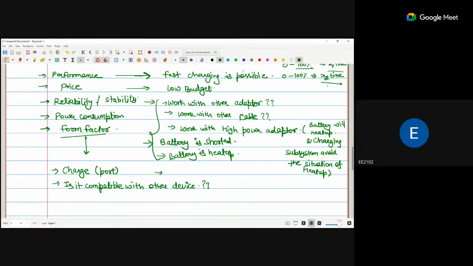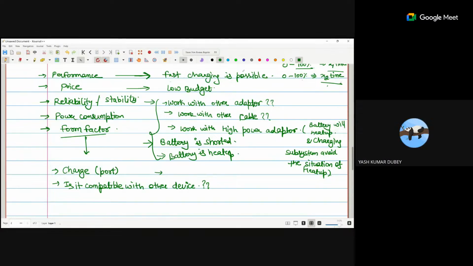In some scenarios 10%, in some 15%, depending on the company. Now from 15 to 85 or 90%, your charging is very fast. And after 90%, again your charging will be slow.